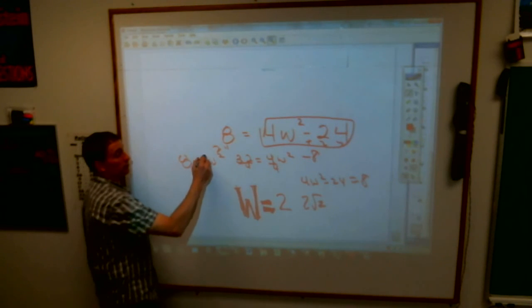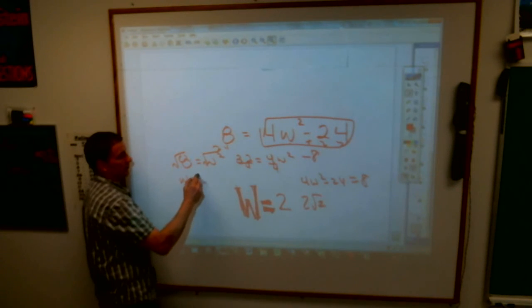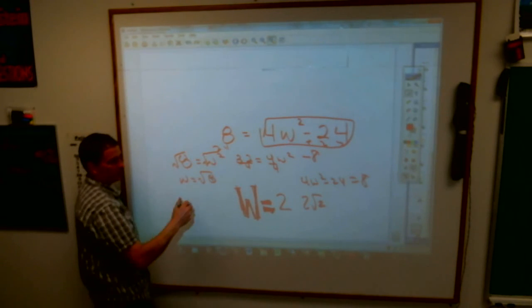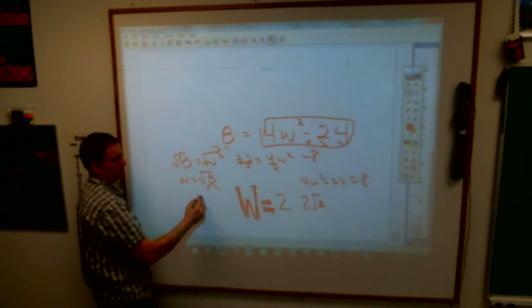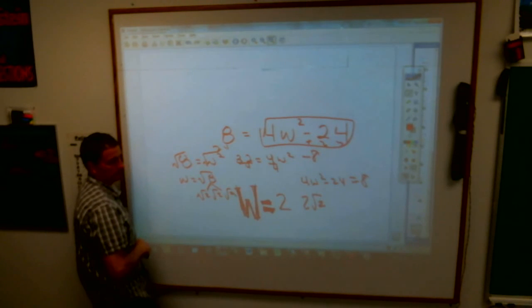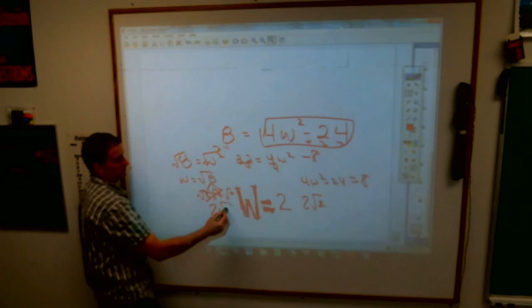Take the square root of both sides, so w does equal the square root of 8, but you can't leave it as that. It can be simplified because the square root of 8 breaks down into the square root of 2 times the square root of 2 times the square root of 2. Two of those give you a 2.